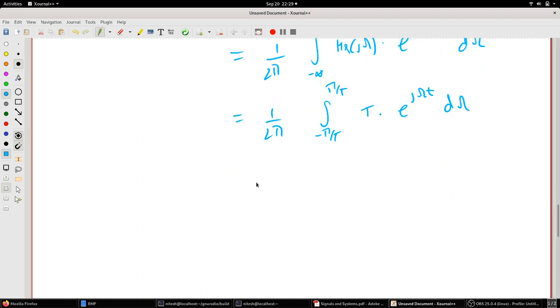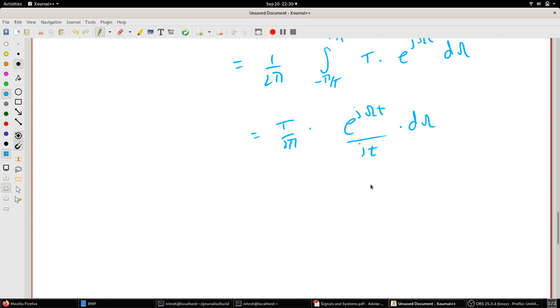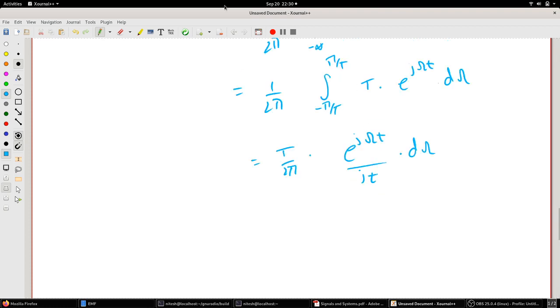So this value will be T upon 2π into e^{jωt} upon jt. Sorry, the dω will not be there. This is my integral, evaluated from minus π/T to π/T.